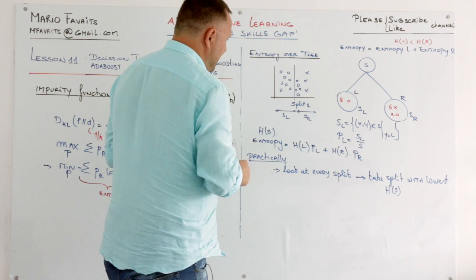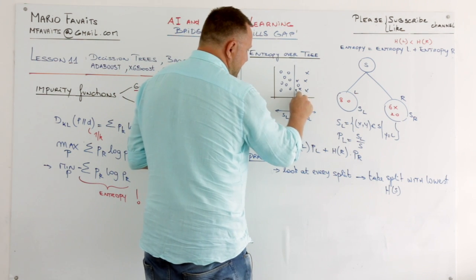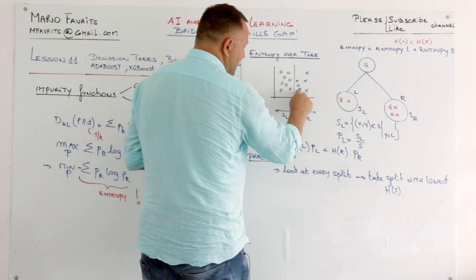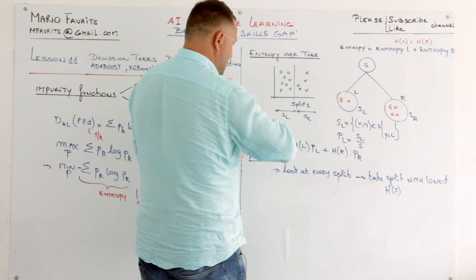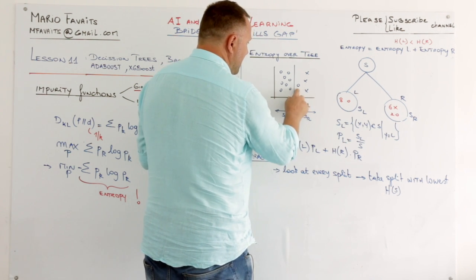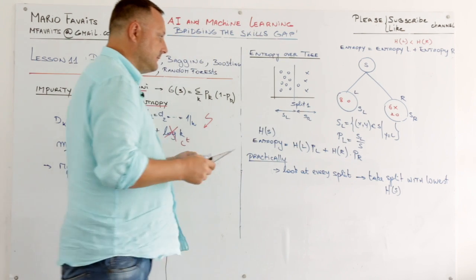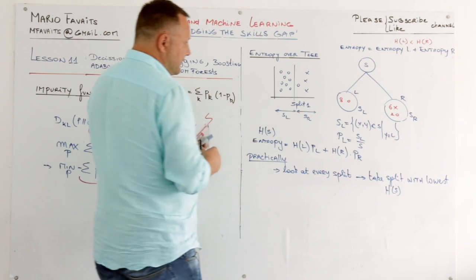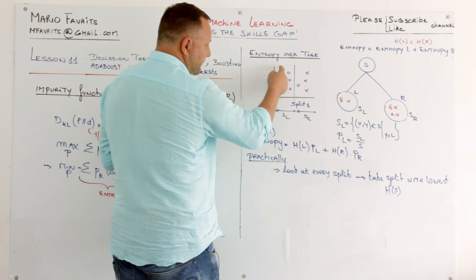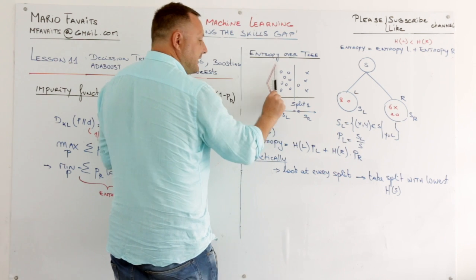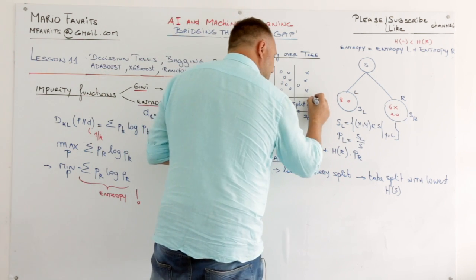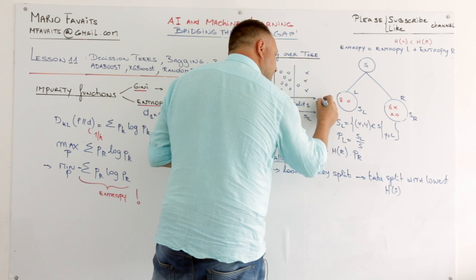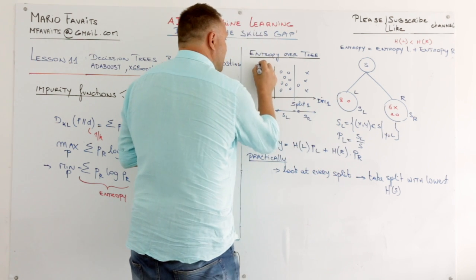So let me maybe change this a little bit here. Let us have another circle before we have a cross. Basically what you're going to do is you're going to move here, here, here. You're going to move that line, and every time you calculate the entropy. Let's call this dimension 1, and this we call dimension 2.